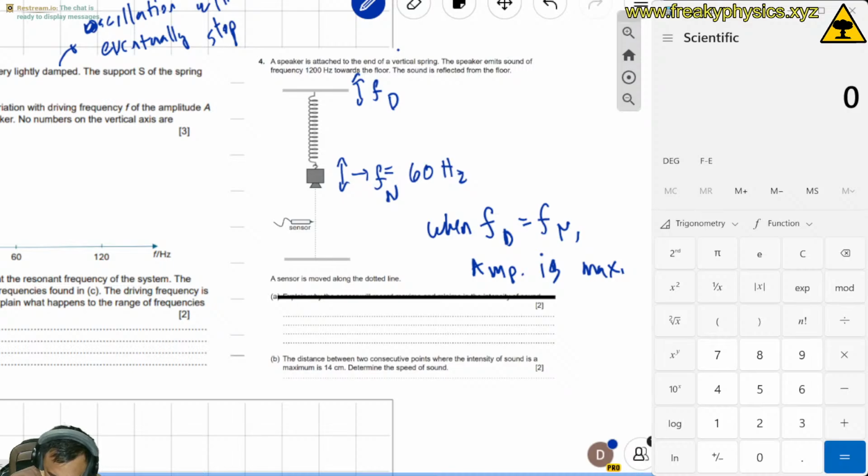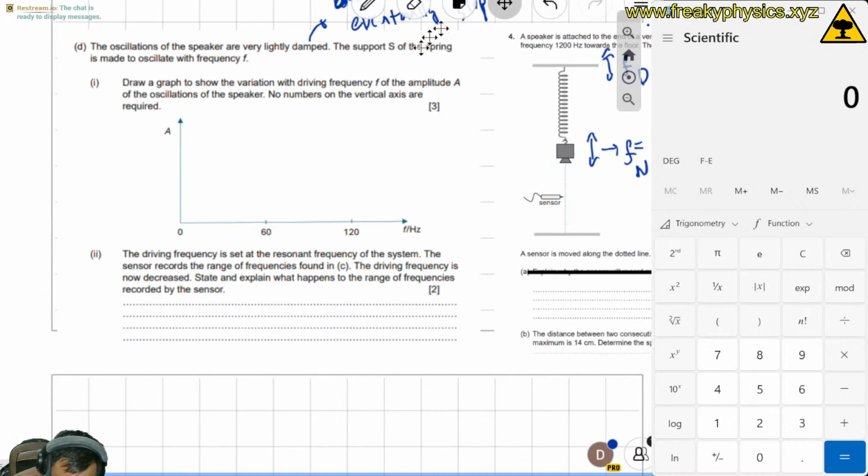All right. So what's gonna happen here? You're gonna get a maximum oscillation amplitude there. That's your max. Everything else will be smaller than that. Of course, when you get to zero, there won't be any oscillations, right?